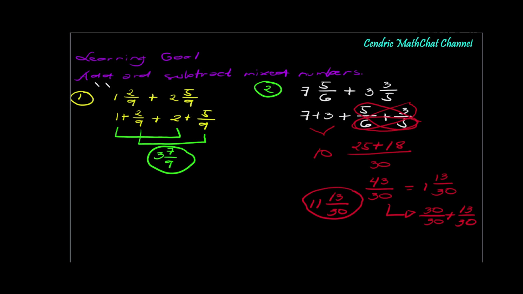Let me quickly go back to our addition of unlike fractions. Why does this method work? So let's take a look at 5 sixths plus 3 fifths. So remember again, we need to make their denominators the same.